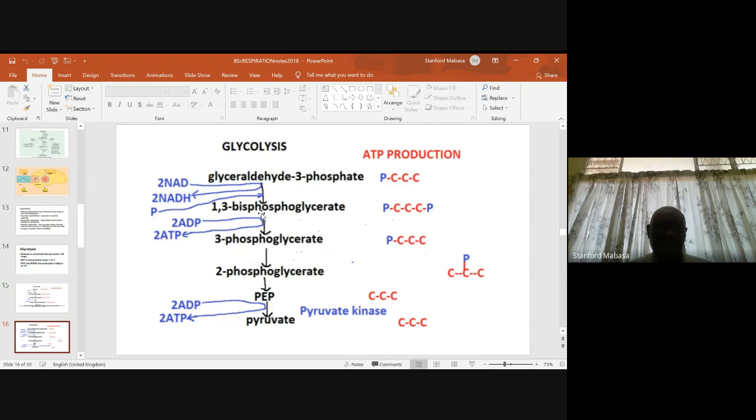Then this 1,3 bisphosphoglycerate actually produces ATP when it changes to 3-phosphoglycerate. So things are working in reverse at this point.